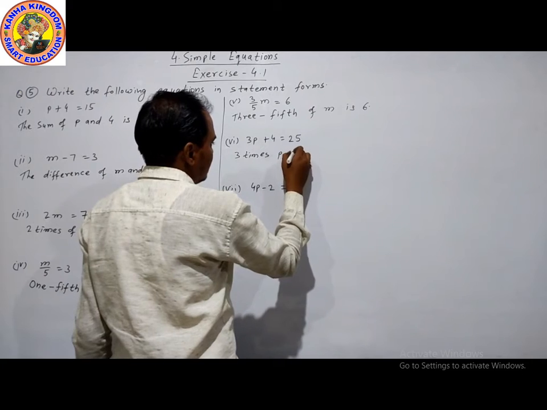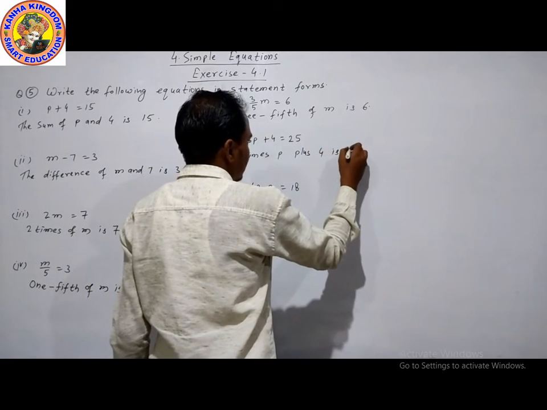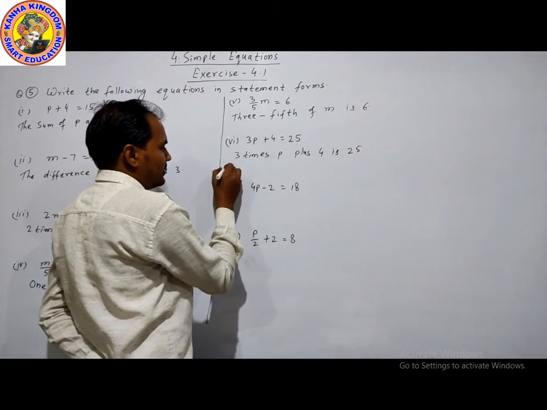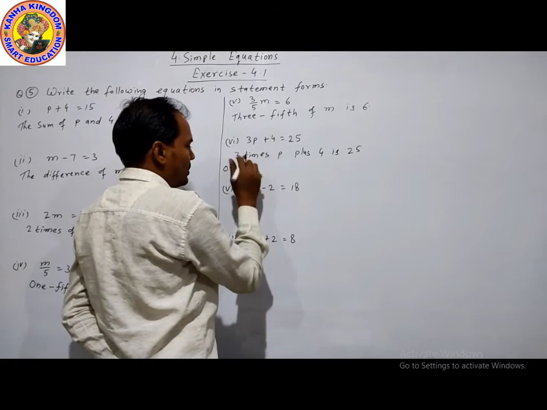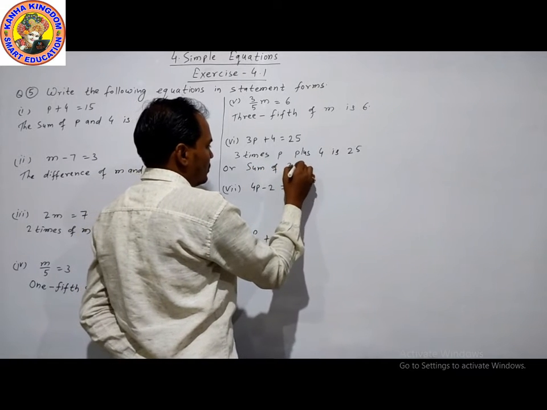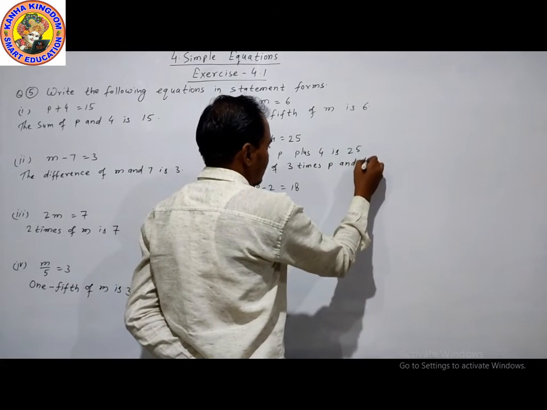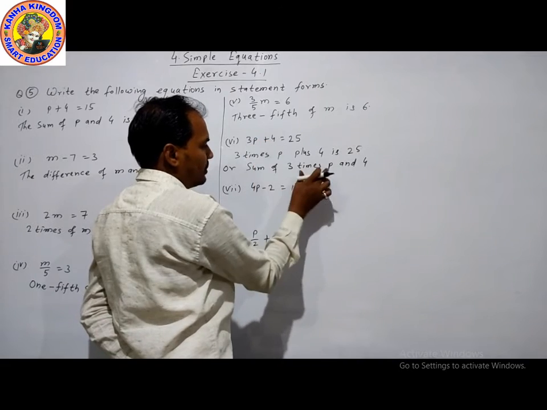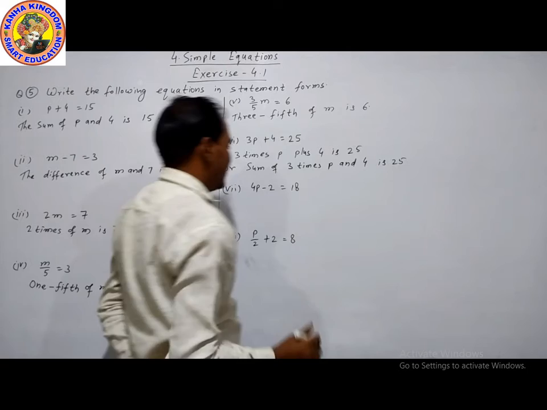Or we can say that, next is the sum of two numbers. Sum of 3 times p and 4, 3p and 4. Sum of 3p and 4 is equal to 25.